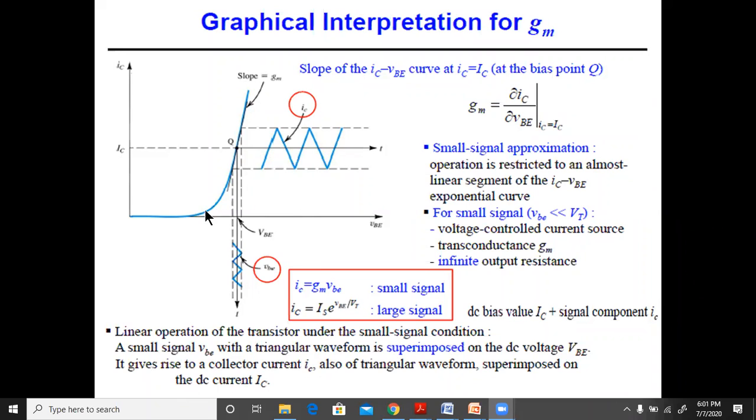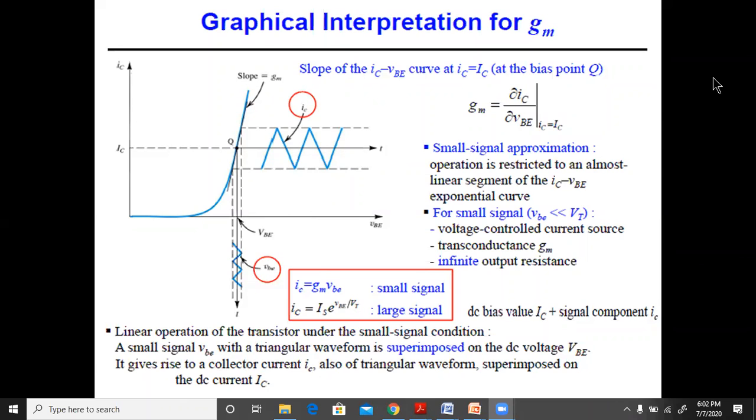So for instantaneous value input, we'll have instantaneous value output. Whereas if we try to remove the DC component, then we need to consider that for this value of input, we have this value of the output.